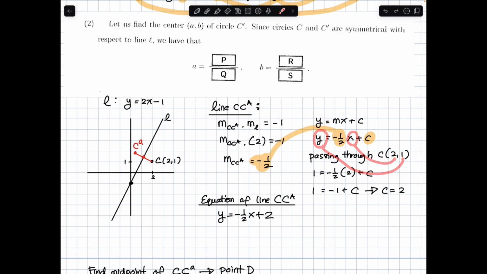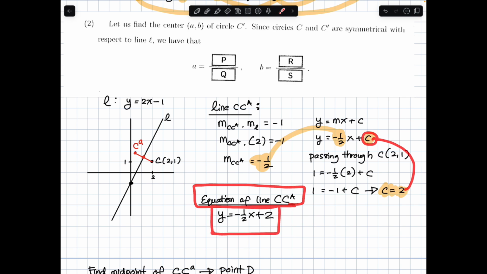You just do a simple calculation: this cancels and becomes minus 1. Just move it to the left and I get c. So the final equation of CCA is y equals minus half x plus 2. Okay, clear?